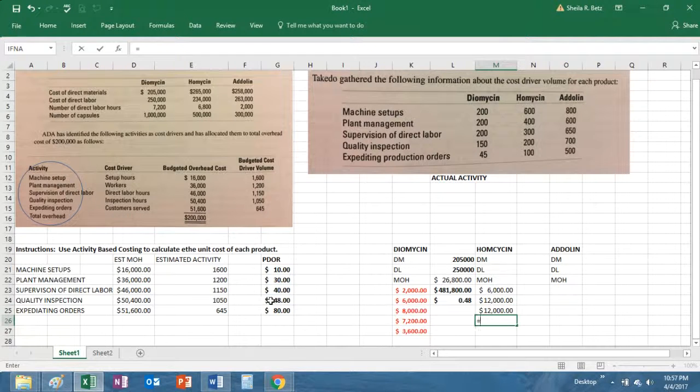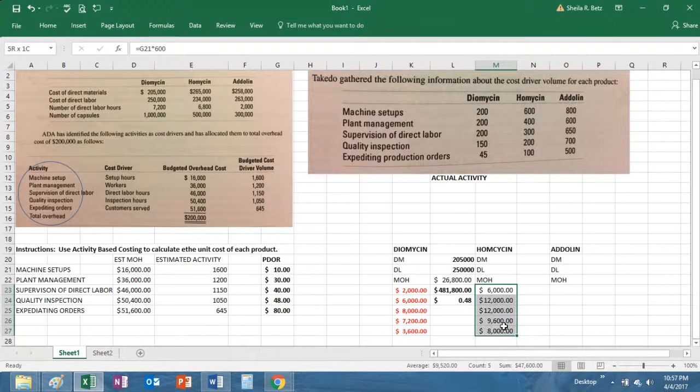And then we have $48 per inspection hour. They had 200 inspection hours. And then finally, $80 per customer served. And it appears that homicide served 100.